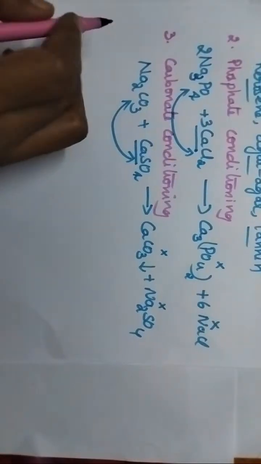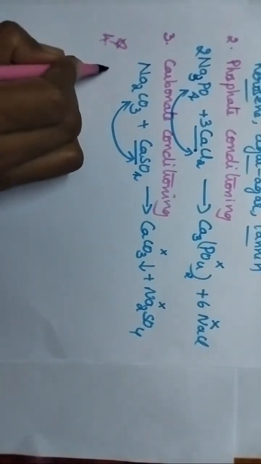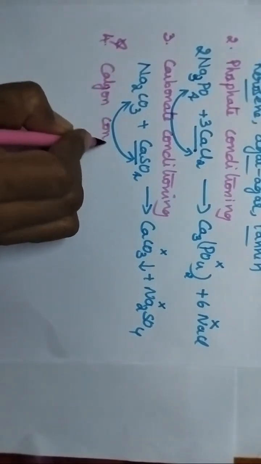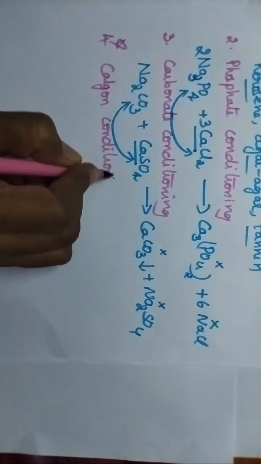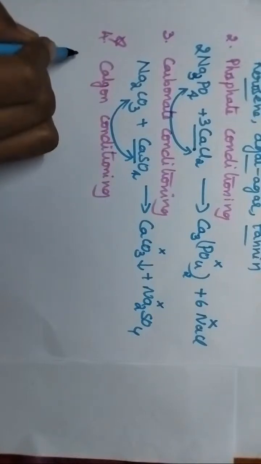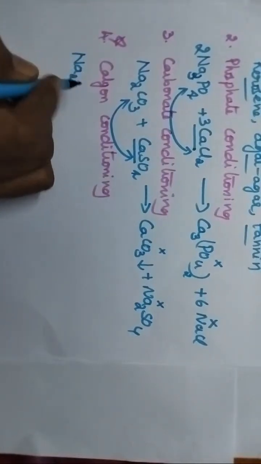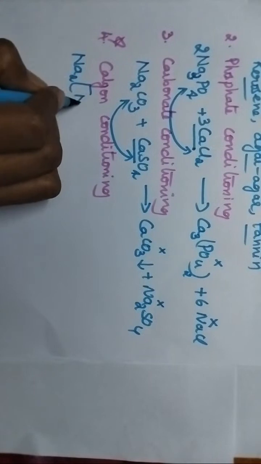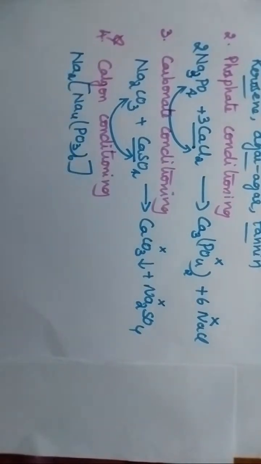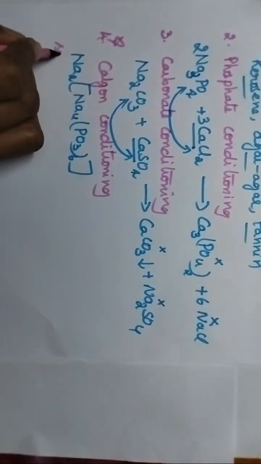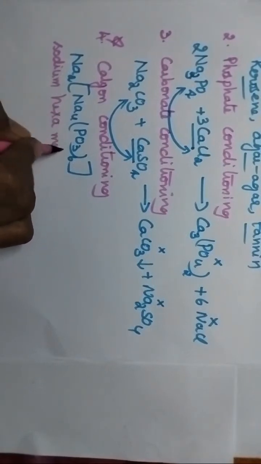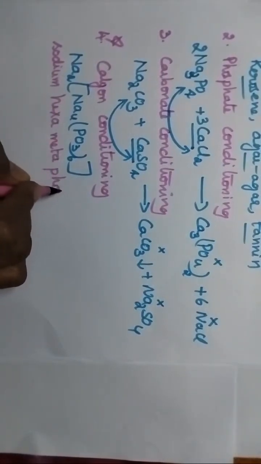Next, coming to the Calgon conditioning. It is very important. Here, permanent hardness can be removed by the addition of Calgon. Calgon means it is sodium hexametaphosphate.